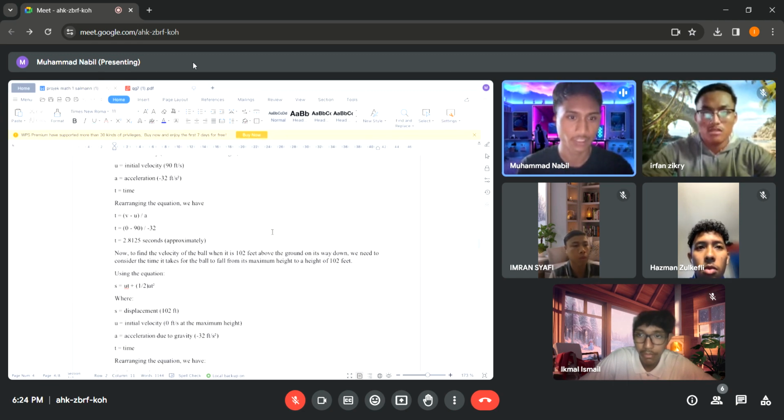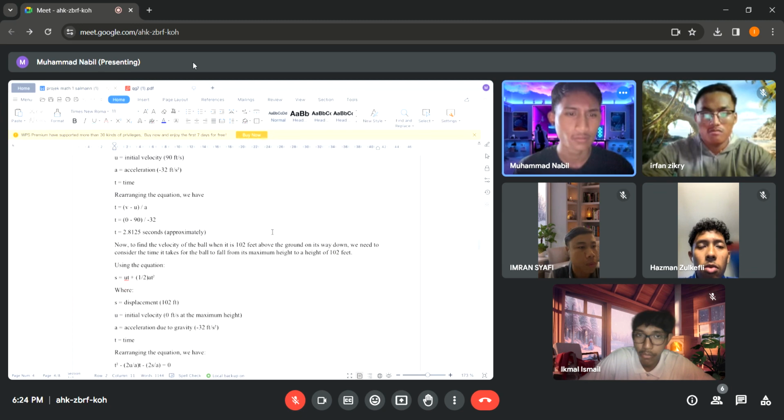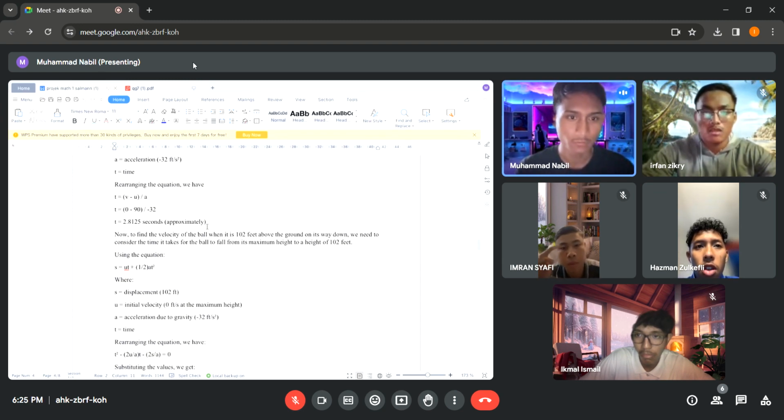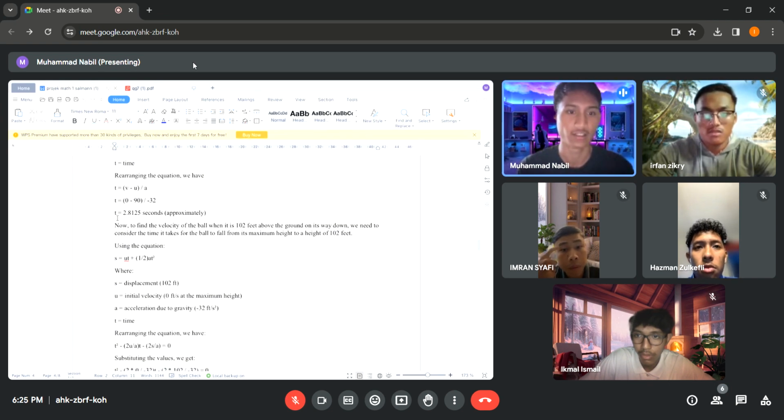We have T equals V minus U, all of that over A. Then we substitute the value, calculate it, and we will get 2.8125 seconds approximately.